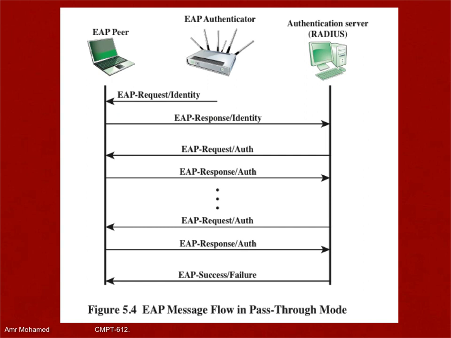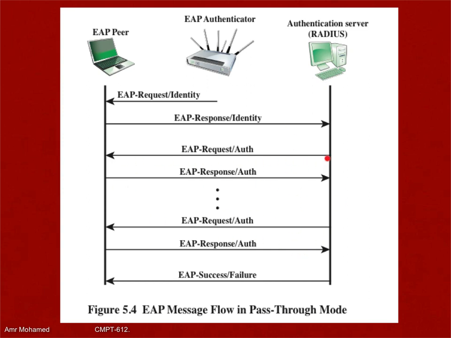It tells the device, okay, I can give you access only if you authenticate yourself. So there is a request that goes to the EAP peer, which is the client system, to initiate the authentication method. And then starting from here, we send request and response messages.